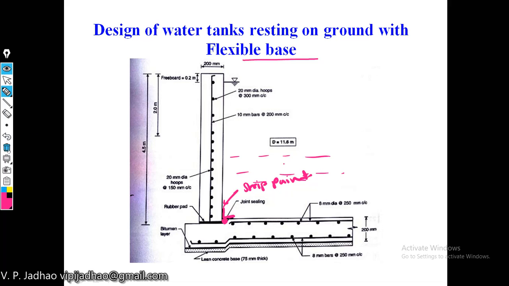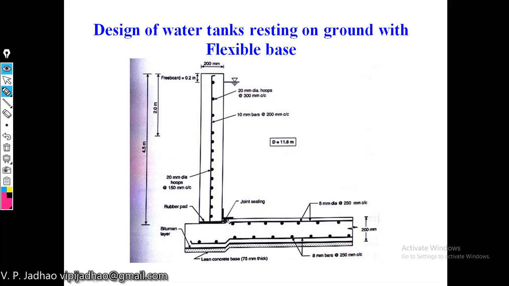Due to the pressure from the water, this wall will slide away from its original position over this rubber pad, and the leakage of water is prevented by the strip painting and the joint sealing material provided here.